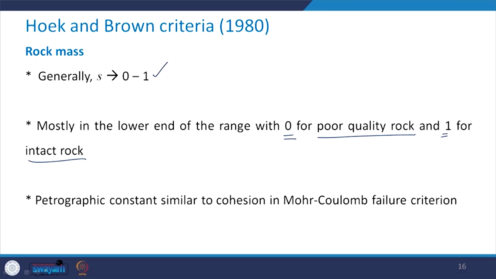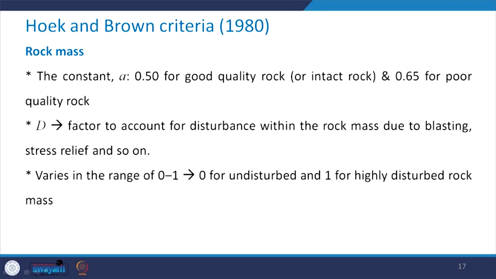The petrographic constant, which is s only, is very much similar to the cohesion in the Mohr-Coulomb failure criterion. The constant a is 0.5 for good quality rock or intact rock, and it takes a value of 0.65 for poor quality rock.